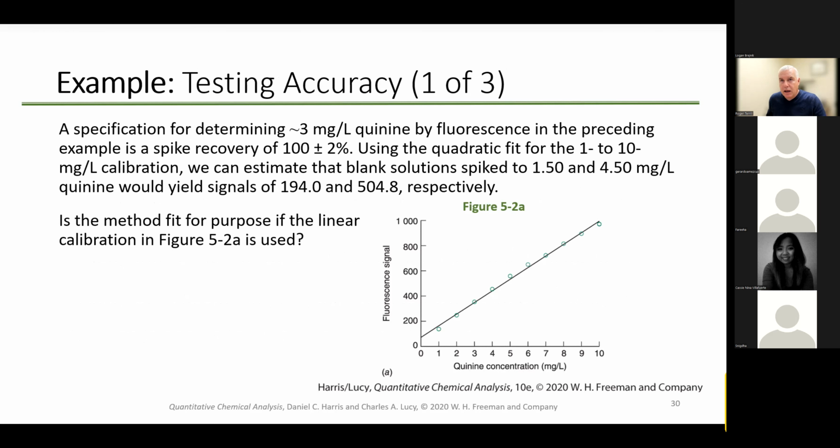And let's say that we use the quadratic fit that we talked about just a moment ago. We have a spike of 1.5 parts per million, and that gave a signal of 194. And 4.5 parts per million gave a signal of 504.8, right?